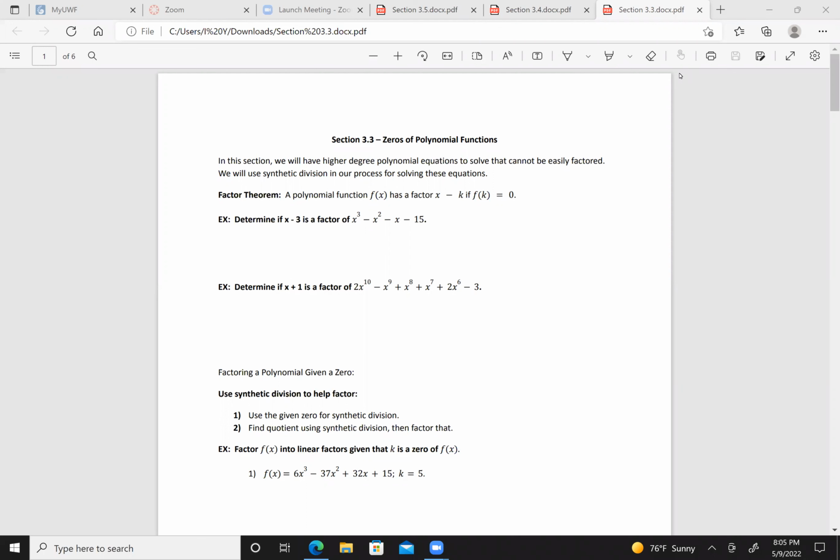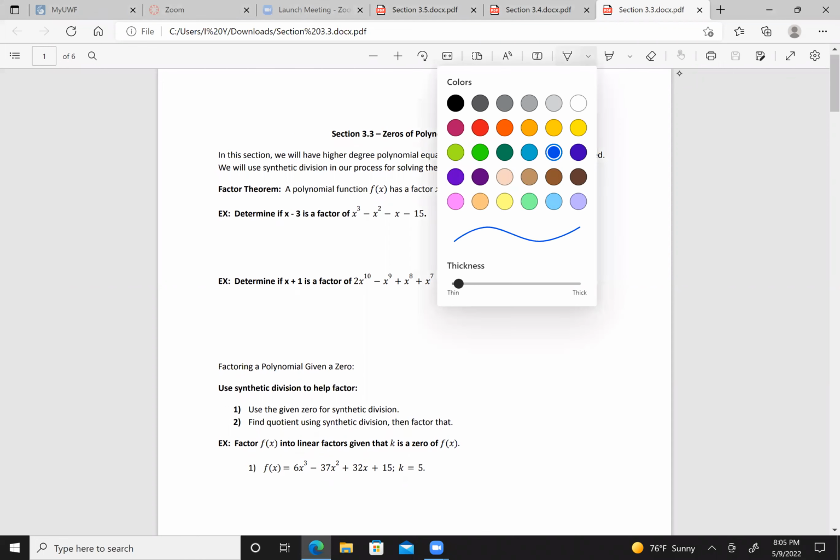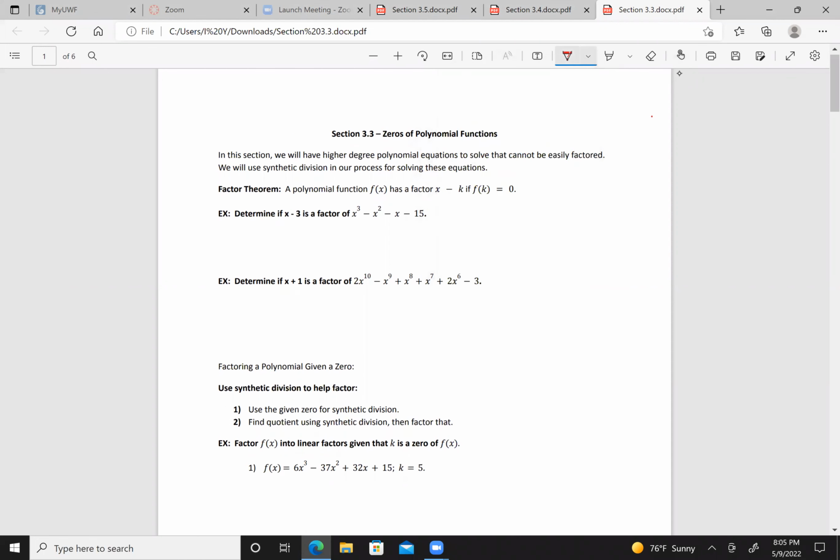So let's do some examples of this first. Determine if x minus 3 is a factor of x cubed minus x squared minus x minus 15. So that means we're looking for f of 3, which is 3 cubed minus 3 squared minus 3 minus 15.